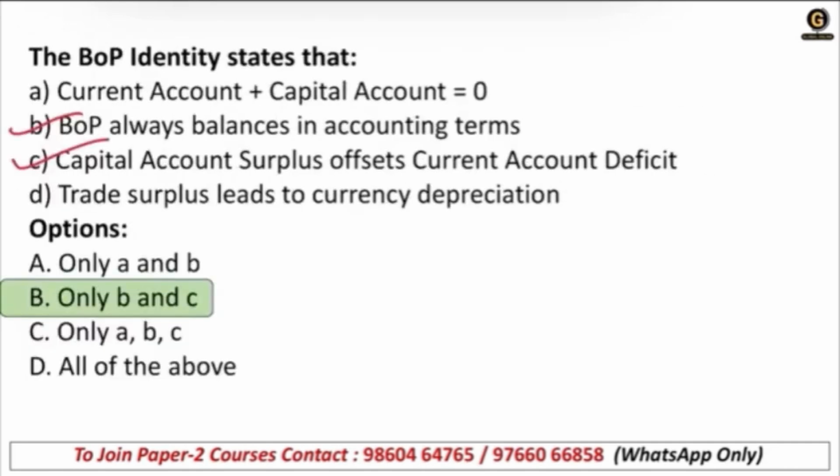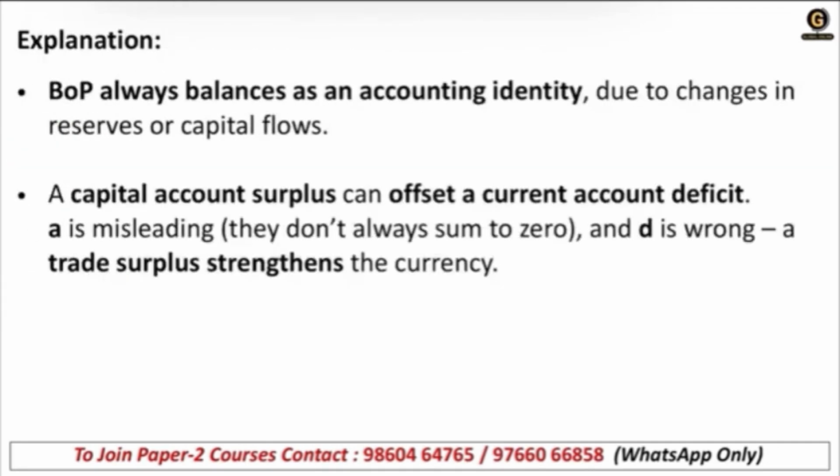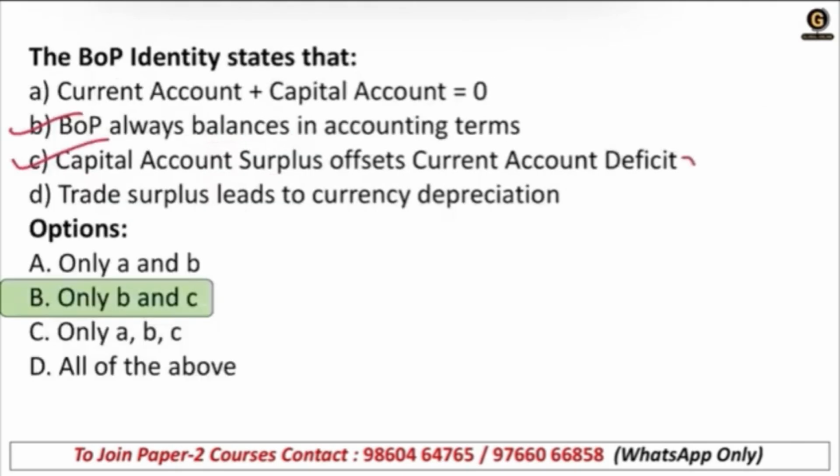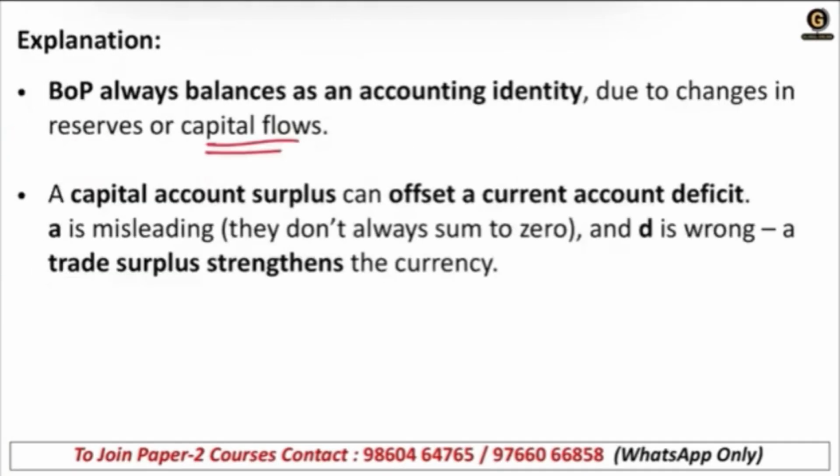That is totally correct, due to changes in the reserves or capital flows. A capital account surplus can offset a current account deficit. That is also correct, B and C.